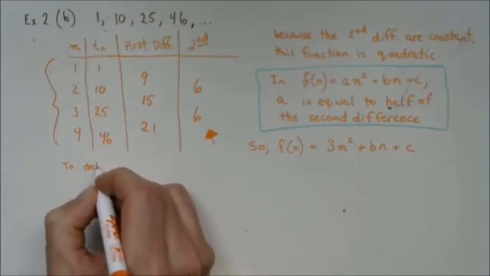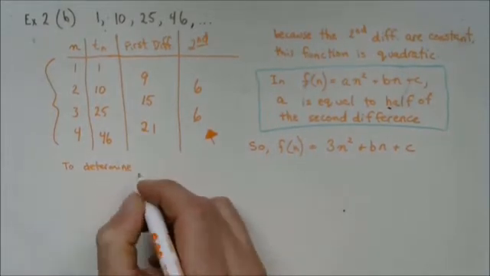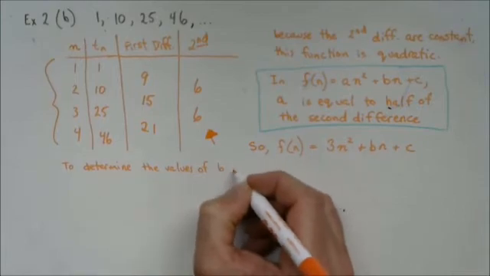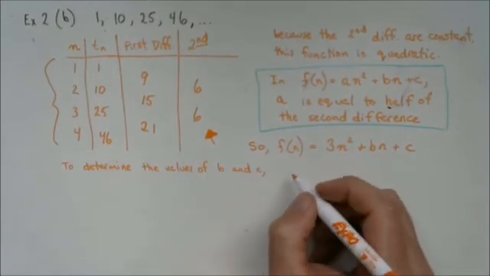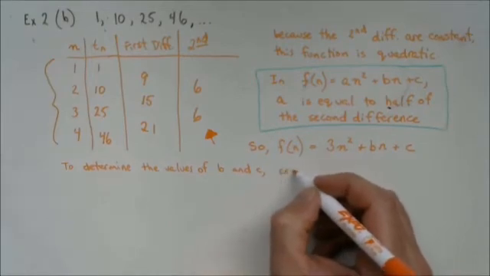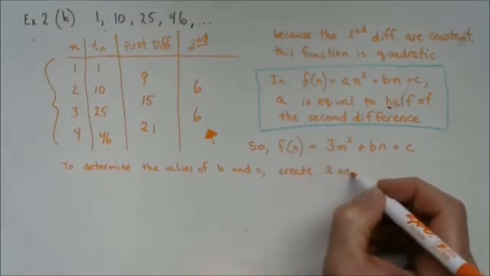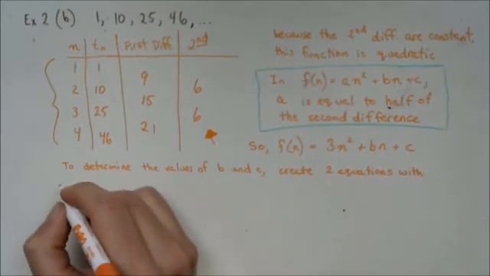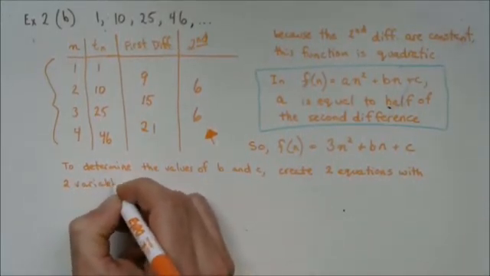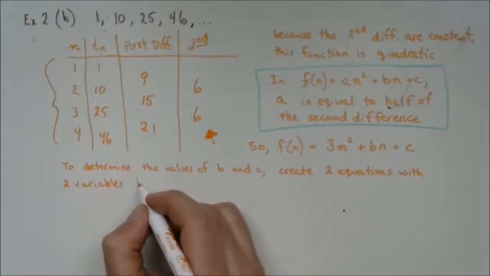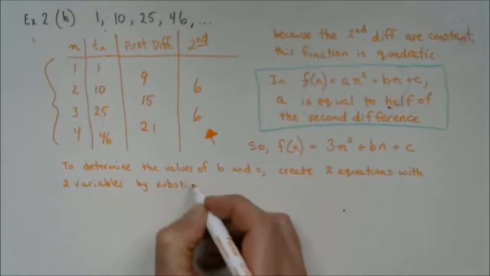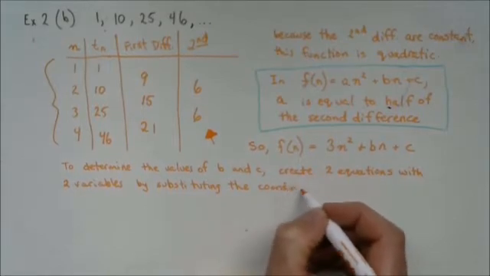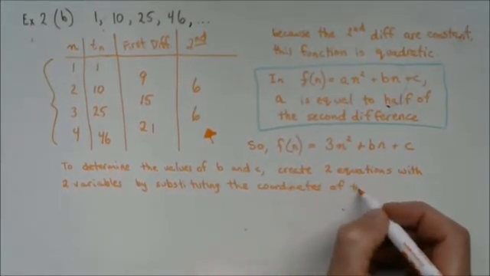So to determine the values of b and c, create two equations with two variables by substituting the coordinates of 2 points.